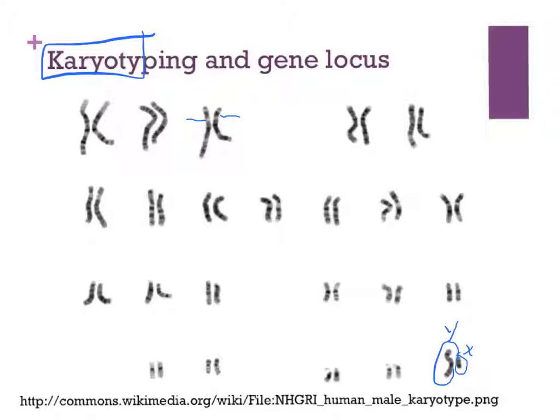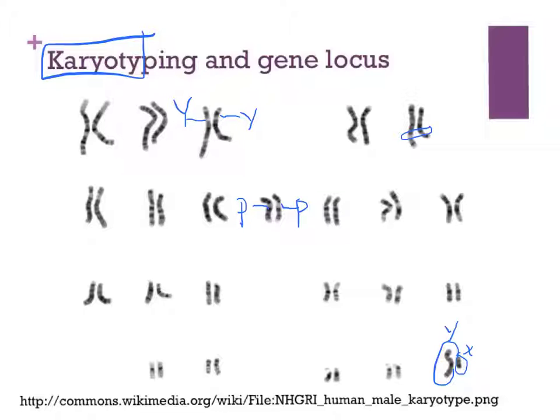And on those little bands, there might be a different allele. Maybe this one has a big Y and this one has a little y. There could be the same alleles. Maybe both of these have, we'll use a P for instance, a little p. But those little bands are called locus, or the plural is loci, and that's where the genes are found.